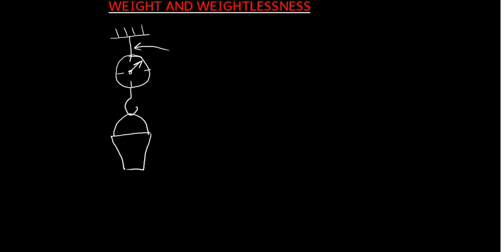So let's say this thing is able to move up and down like an elevator. It's not fixed. That means it's able to move up and down. Notice that this bucket has got a weight, and weight always points downwards. Because of that, there is also a force that should balance this weight, and that force goes in the up direction.